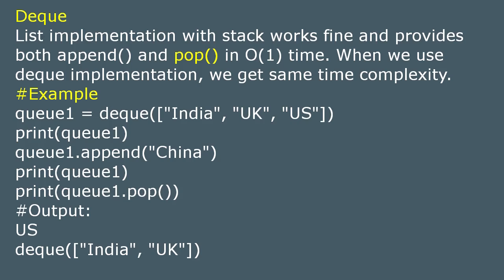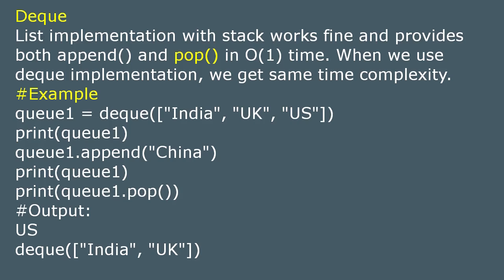Let's see what is deque in Python. In case of a stack, list implementation works fine and provides both append and pop in O1 time. Okay, O1 time. This is the complexity of algorithm. This is a standard. Okay, it measures the time, how much time it takes while searching the elements in the array, in the list, while sorting the array, while sorting the list.